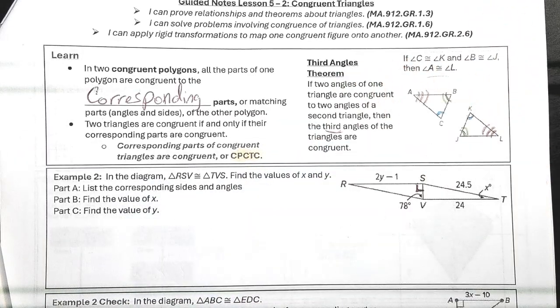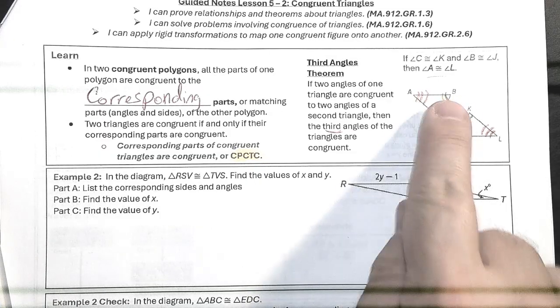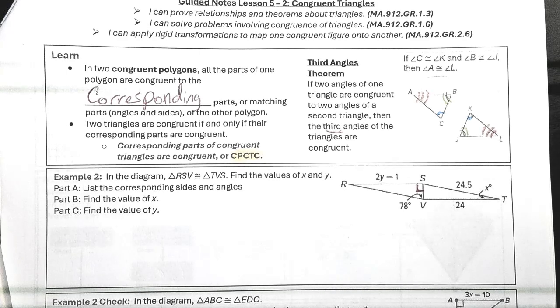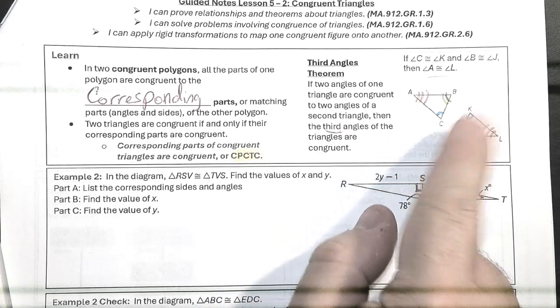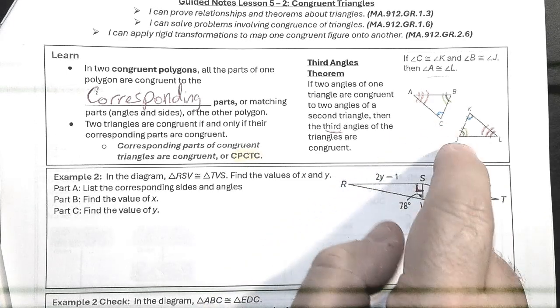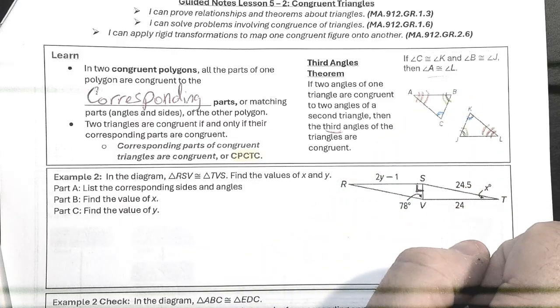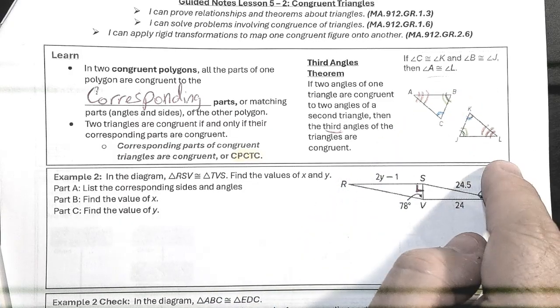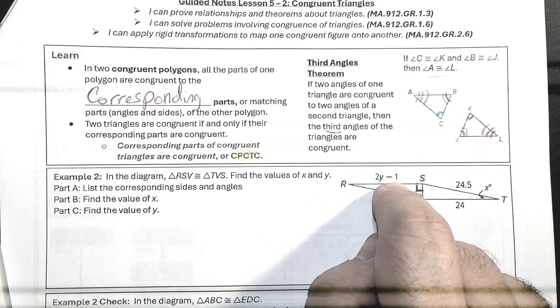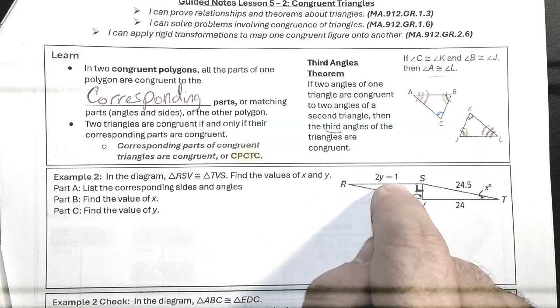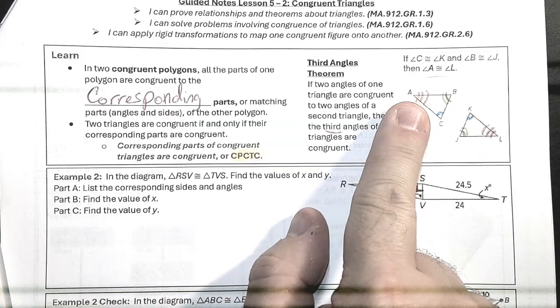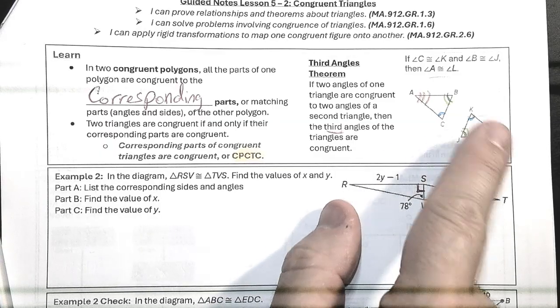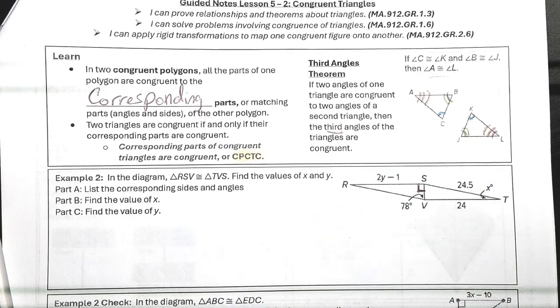Mathematically, a triangle is 180 degrees, so if 2 out of 3 are the same, let's just say that C and K are 50 and J and B are 60. All right, so 50 plus 60 is 110. 180 minus 110 is 70, so that would make A 70. Well, it has to make L 70 as well, because that makes 180.